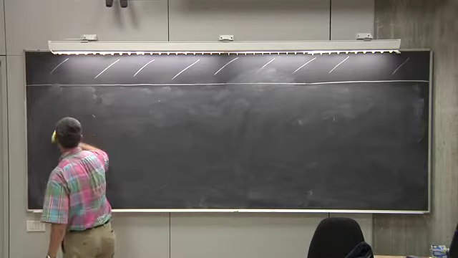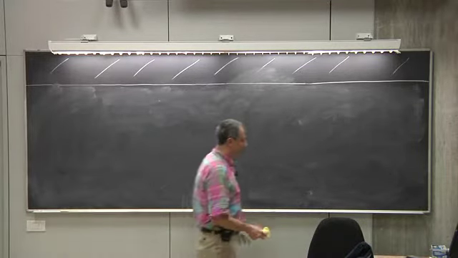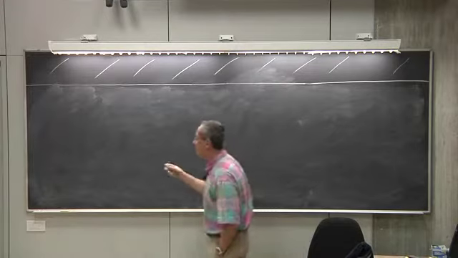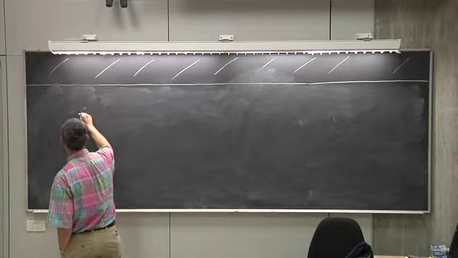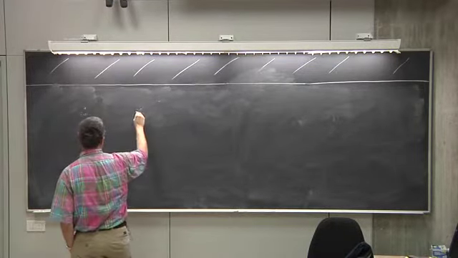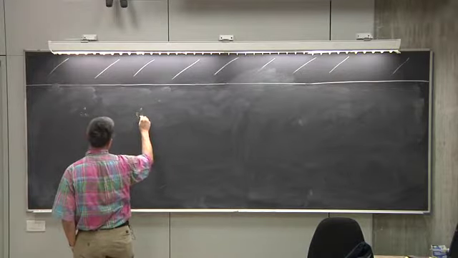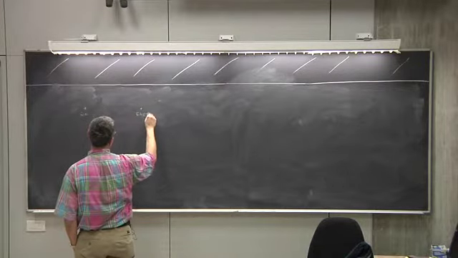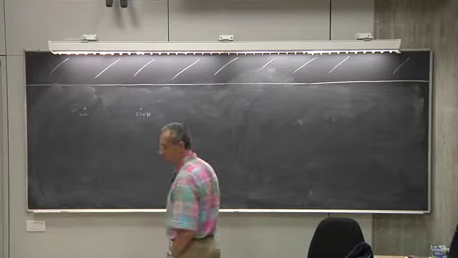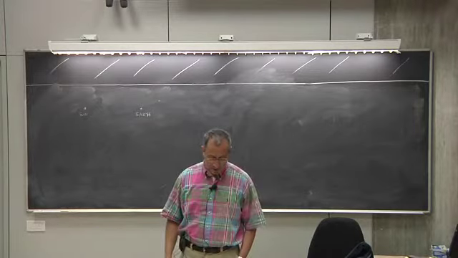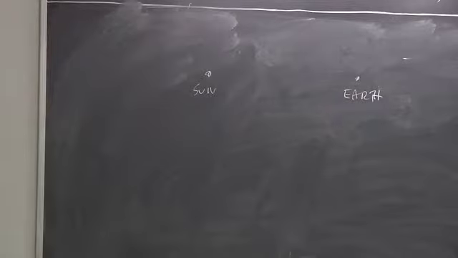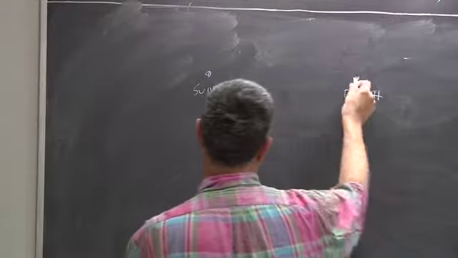So let's just start from the ideal, simplest problem, that I have just two bodies that I call the sun and our planet. And I want to describe the motion of these two. Let's not assume anything.